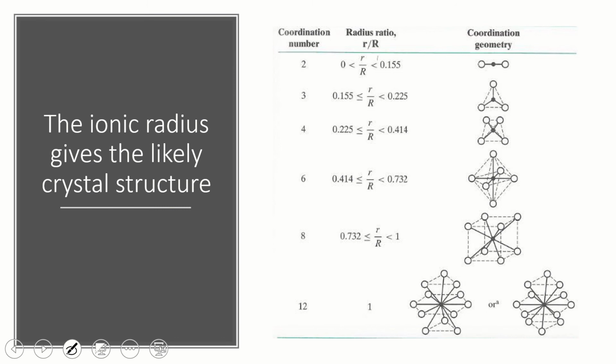For example, if the radius ratio gives us a value between 0 and 0.155, the coordination geometry is going to be linear. But if the radius ratio is between 0.155 and 0.225, we're going to have a triangular geometry.